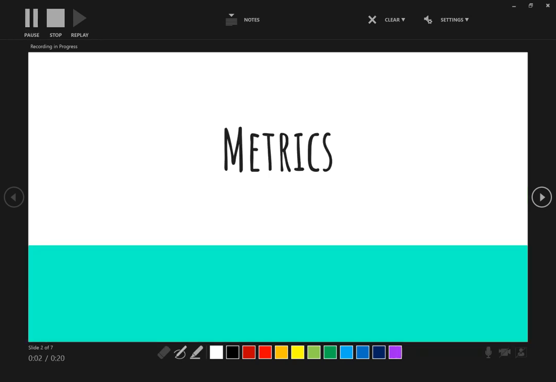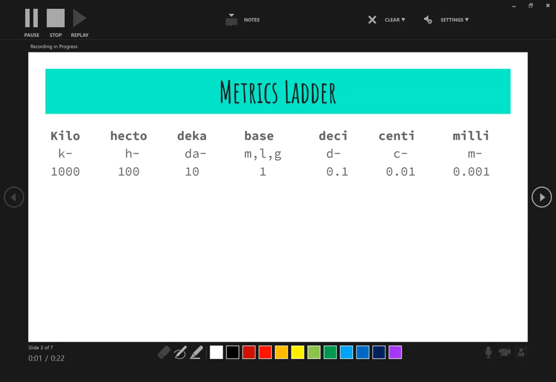All right, metric conversions. This is our lovely metrics ladder. So we have kilo, hecto, deca, your base unit, meters, liters, grams, deci, centi, and milli. All right, so what we want to know is how far it goes between each one. Between kilo and hecto, we're going to move 1 decimal place.